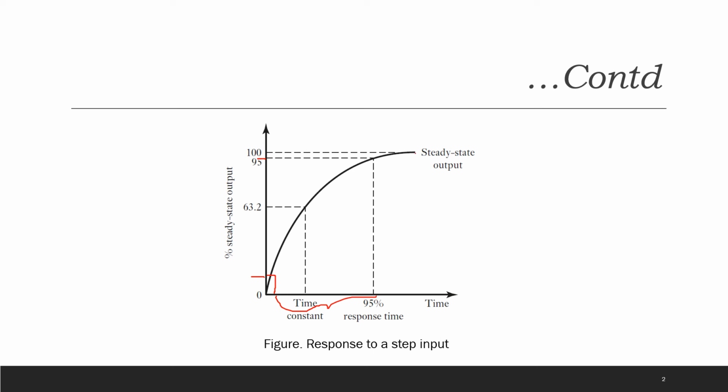After this, the output may vary with slight fluctuations, and then we can finalize the settling time. However, if the output varies very little, that is within 2% of the final output value, then we can consider the total time taken from 0 to the 100% output value as the settling time.